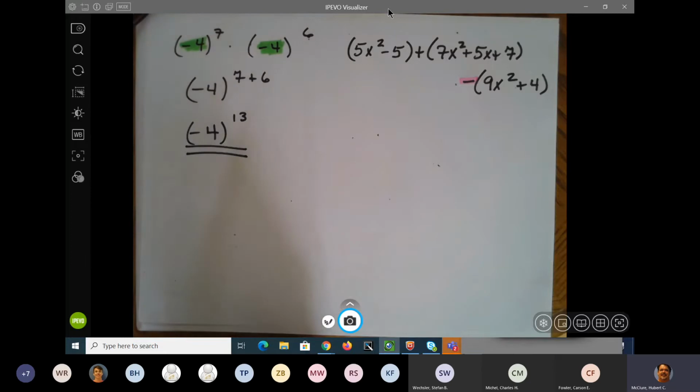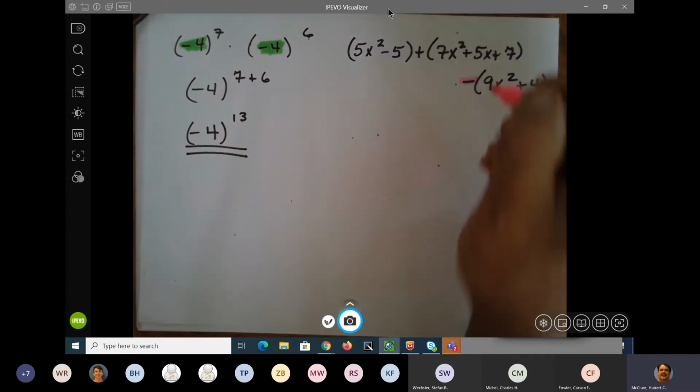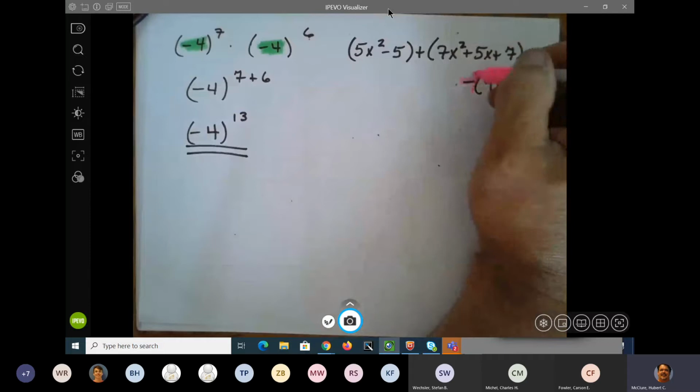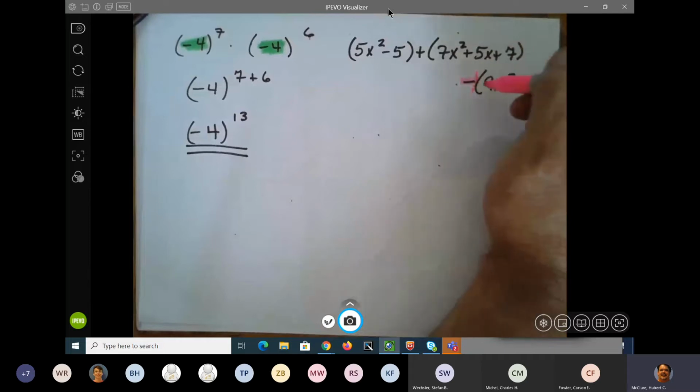So that means you need to mark it pink, especially if you struggle with it. And we're going to distribute in a pink marker that -1, because if it was a 0, then it'd take out the whole term. If there was a 2, then it would be -2. But since there's nothing there, that 1 is like invisible.